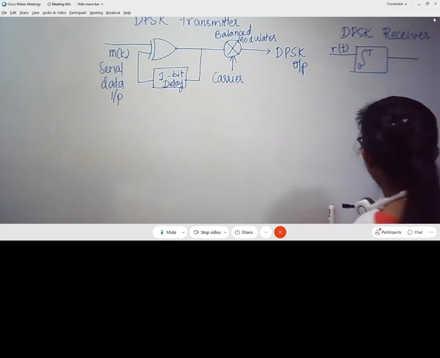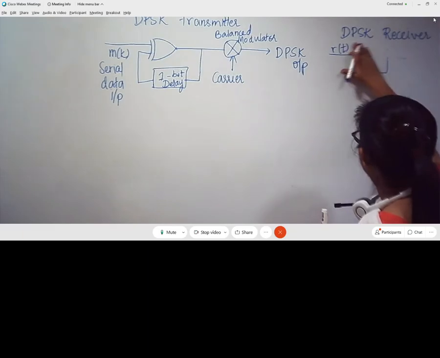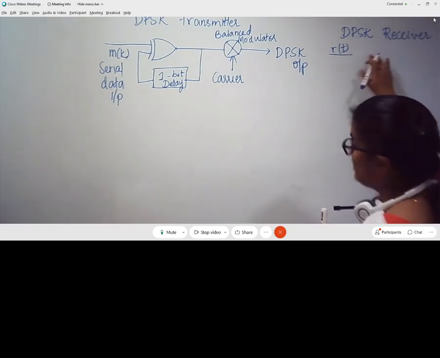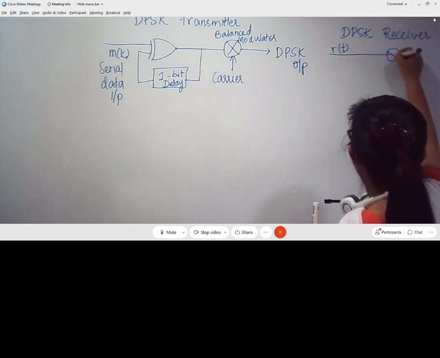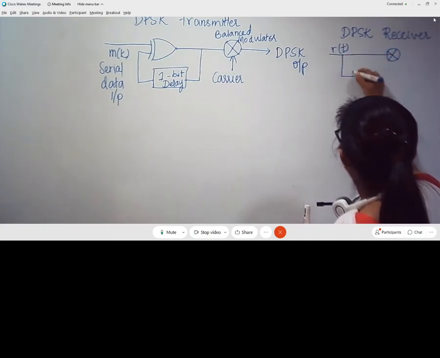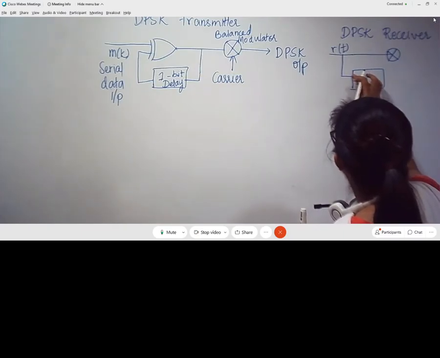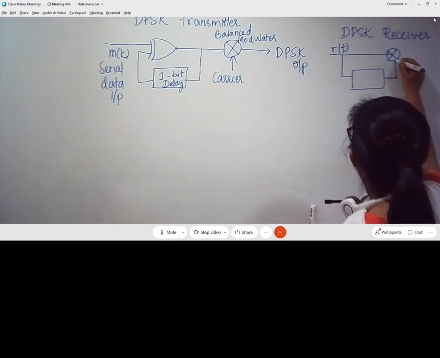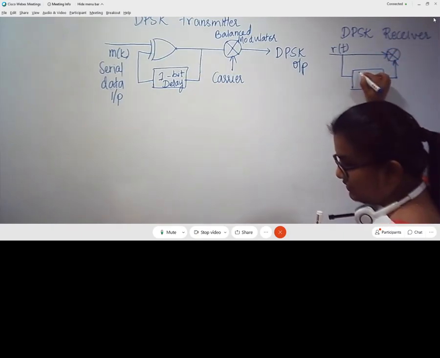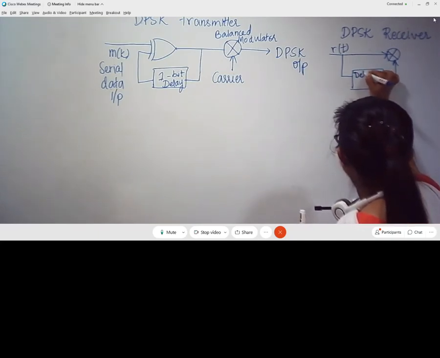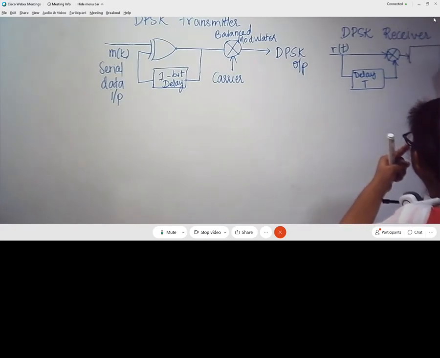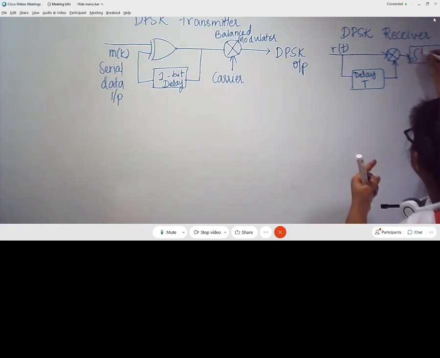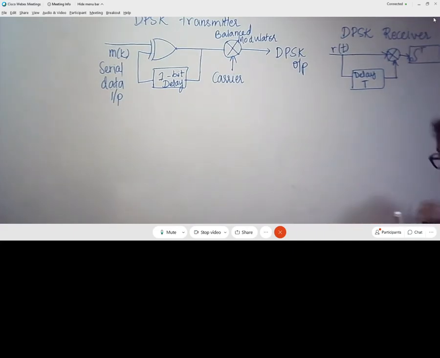Then you can have, or let me write another way, then later on I will come to the structure, why I will tell you later. I can have a multiplier. R of t will be fed to a multiplier with its direct version. The other one will be the delayed version of it, which is delayed for one symbol duration, and it will be sent to the correlator structure, which is integrator from 0 to t.